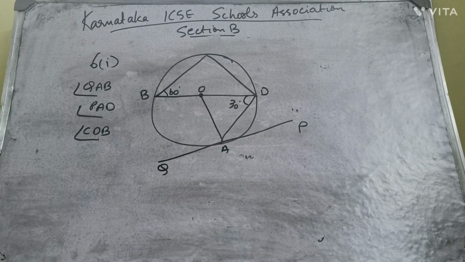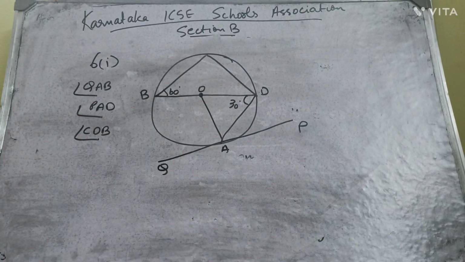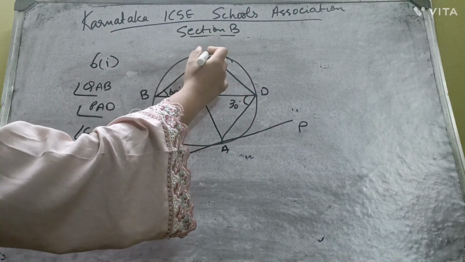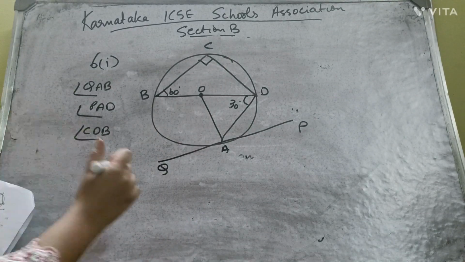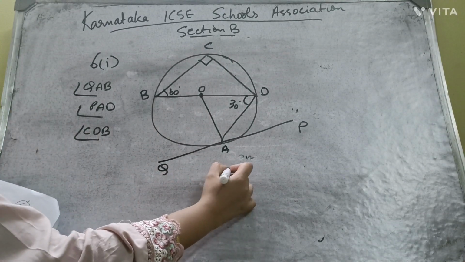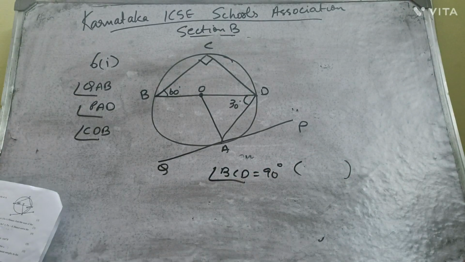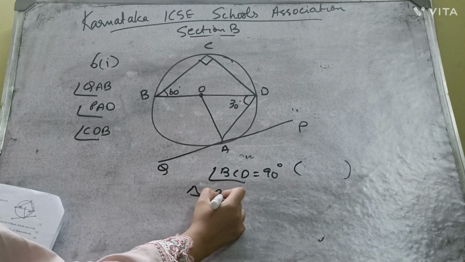Also PQ is a tangent touching the circle at point A. Now we will start with what is given. They have given that BD is the diameter. So we will use the first theorem from circles, which states that the angle subtended by a diameter is always 90. It's marked as C. So we will write down, angle BCD is equal to 90 degrees, and you need to state the theorem to it.